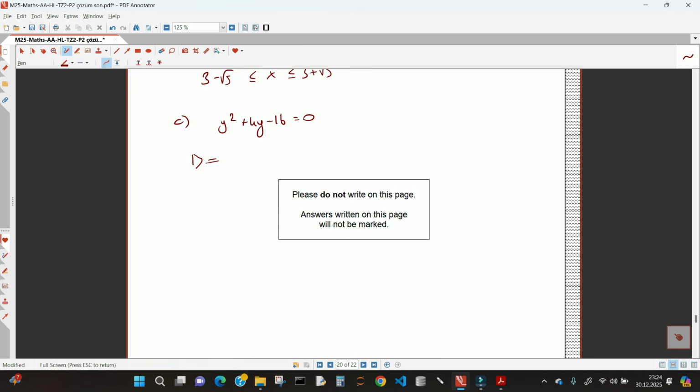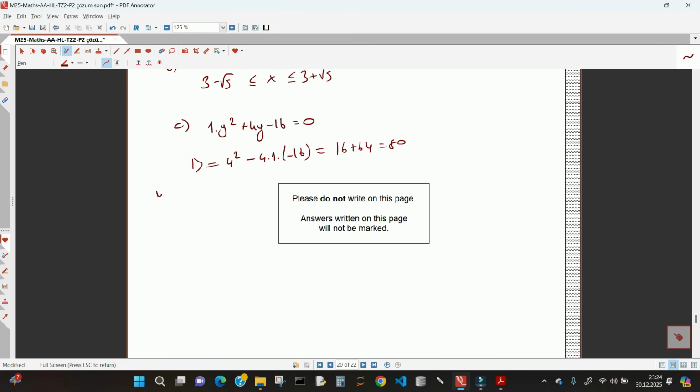First the discriminant equals 4 squared minus 4 times 1 times minus 16, right? The leading coefficient is 1. From here, 16 plus 64, which is 80. So y1 equals minus 4 plus square root of 80 over 2 times 1.